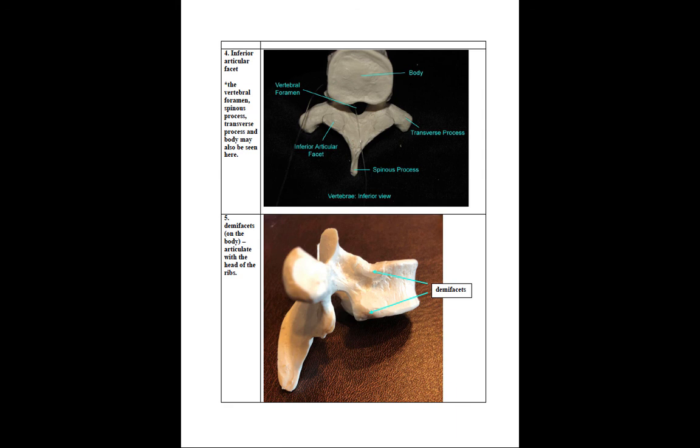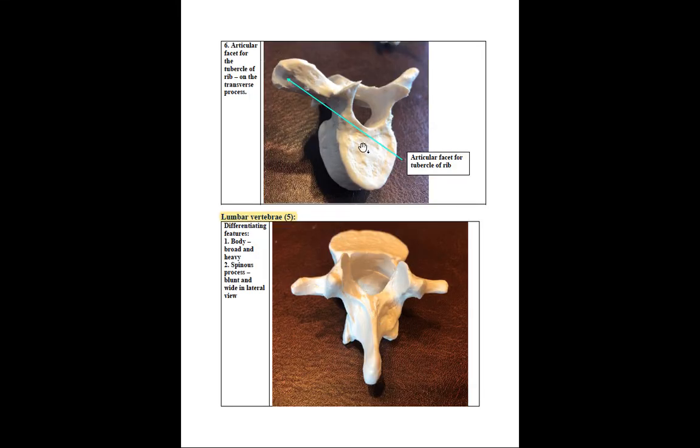So again, the two articulating points that you need to know on the thoracic vertebra where the ribs are going to articulate are the demifacets and the articular facet for the tubercle of the rib. And then I'll give you my special hint in just a minute with the thoracic vertebra and identifying it from a lumbar vertebra.